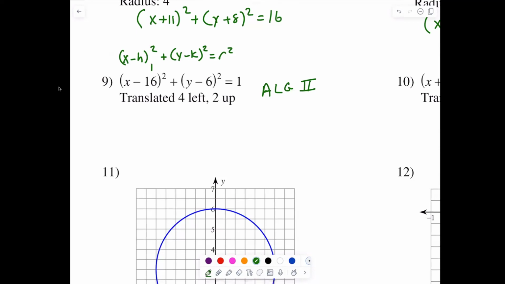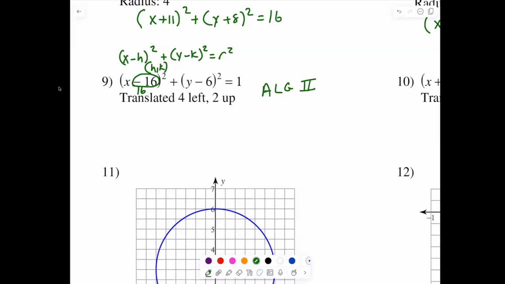So notice h and k were opposites, correct? So do you see that the center of this is 16, correct? However, inside it's what? If you look at this and say that's really 16, that's moving from the origin to the right 16.